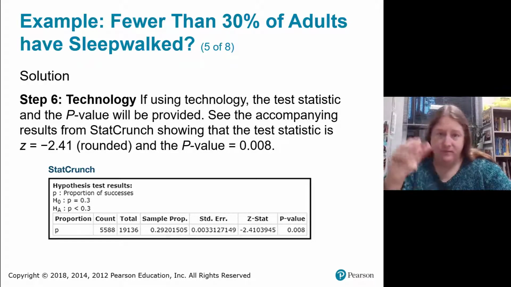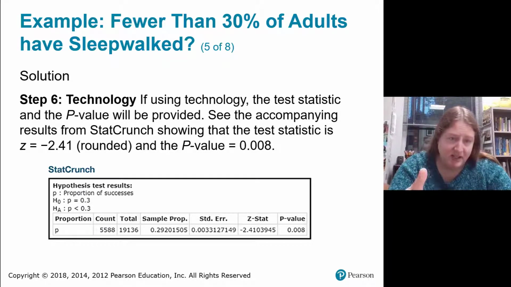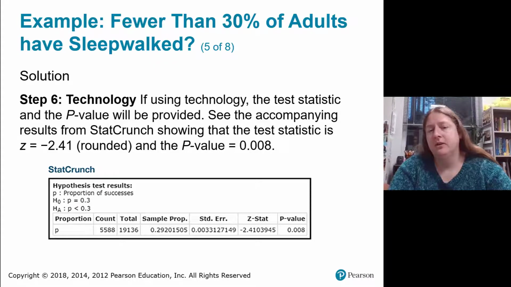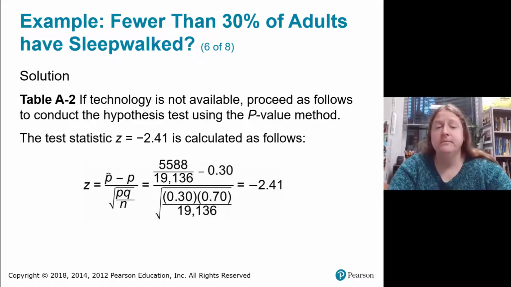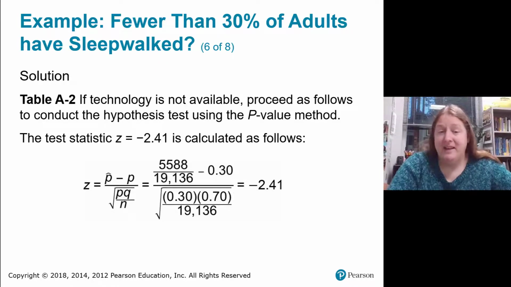But again, we want to be able to read the technology output, but what we're focusing on is being able to use table A2. We calculate z the same way that we did before, so we take p hat and subtract p, the value given to us in our null hypothesis, and divide by the square root of pq divided by n.